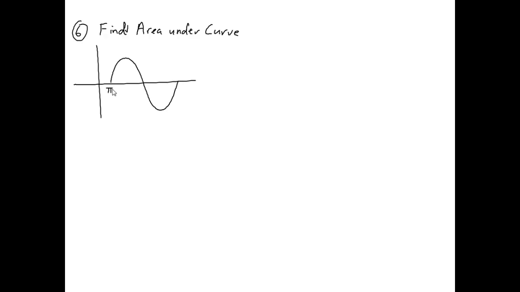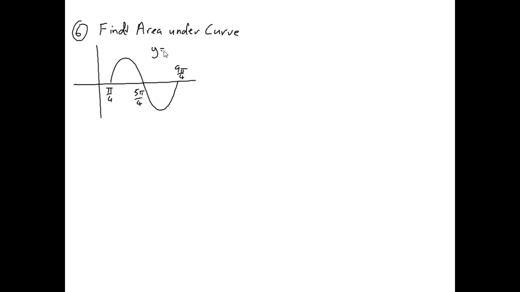This one now, this is number 6. We want to find the area under the curve, and we've got this situation here where we've got pi on 4, 5 pi on 4, and 9 pi on 4.